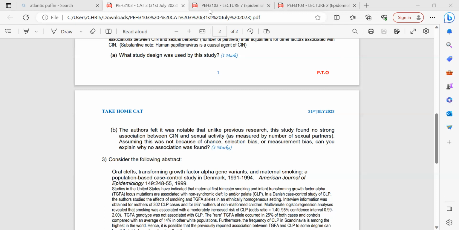So you can have recall bias, because you are doing an interview to see if someone can really tell you the number of partners they have had in their life. Probably someone who is a sex worker doesn't even remember the number of partners they have had in one day. So we can talk about probably recall bias. Do we agree with that?